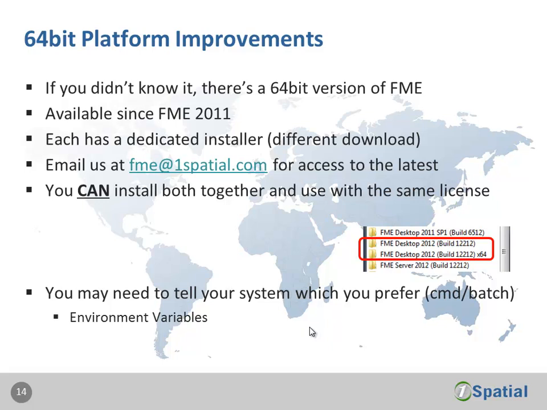Firstly, you can install it on your machine at the same time as the 32-bit installer. So you can see the little screen grab showing that I've got a number of versions of FME Desktop installed on my machine at the same time. You can also see that it can get you into a little bit of trouble if you've got multiple versions of FME, because you may want to run a certain version of FME when you're running FME on the command line.